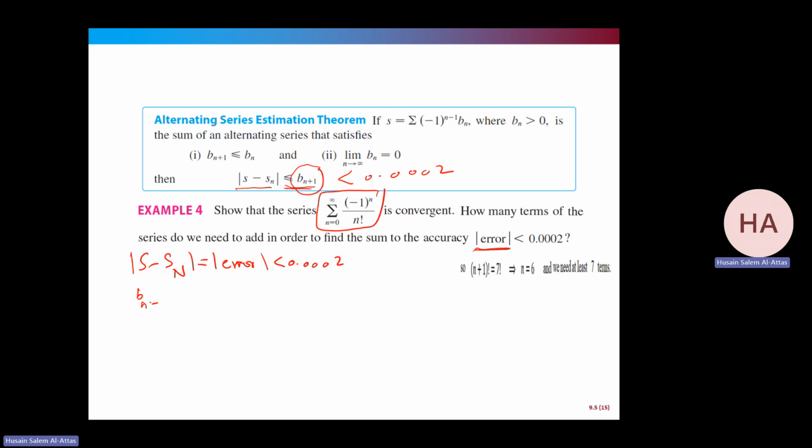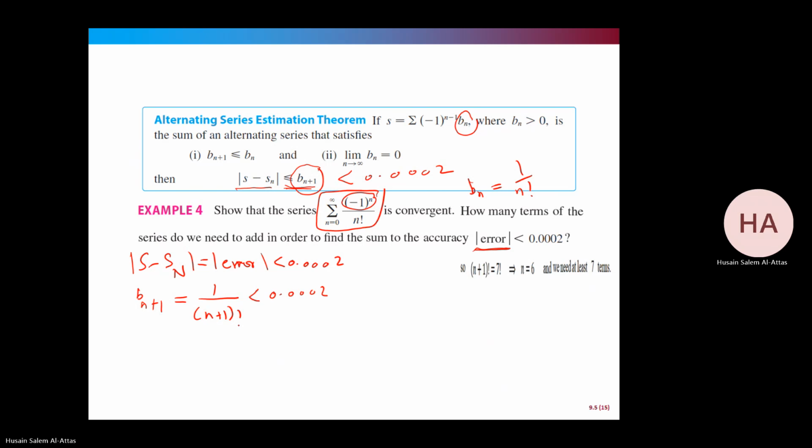b_{n+1} will be 1 over (n+1) factorial. I'm considering b_n in this case as 1 over n factorial. This is my b_n without the alternating value, minus 1 to the power. Now I need this to be less than 0.0002. What is 0.0002?